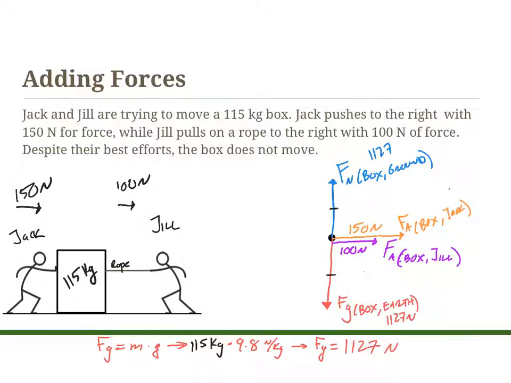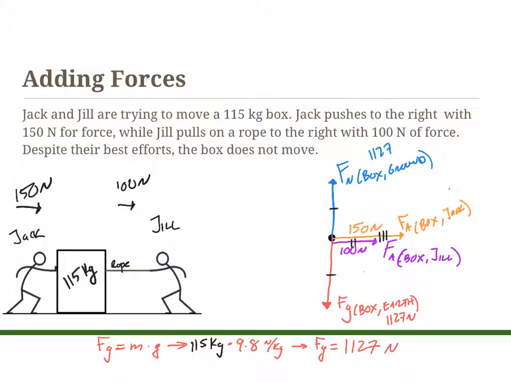However, we know that these are not the same. So this and that are not the same. Does that make sense? So I drew tick marks indicating that they're not the same. Now, the issue in this case is that the box is not going to move at all.